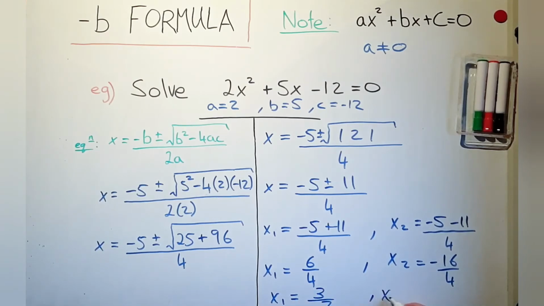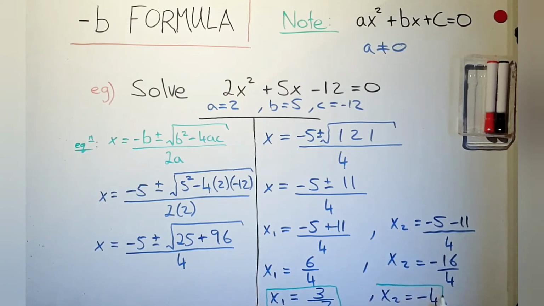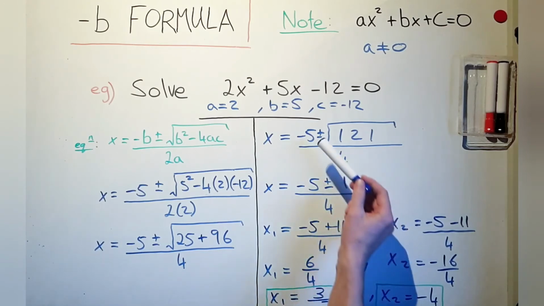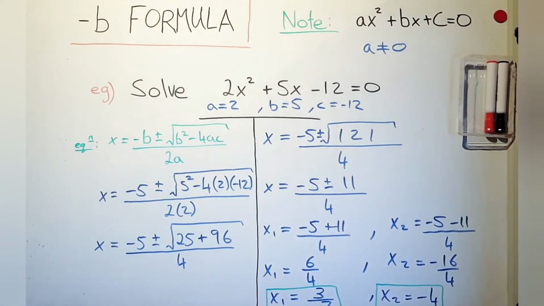And then our x2 value, 4 goes into minus 16 minus 4 times, so minus 4. So using the minus b formula, we have found two values for x. We have found the first one to be 3 over 2 and the second one to be minus 4. So you're going to get two values because of this plus or minus that is intrinsic to the square root.